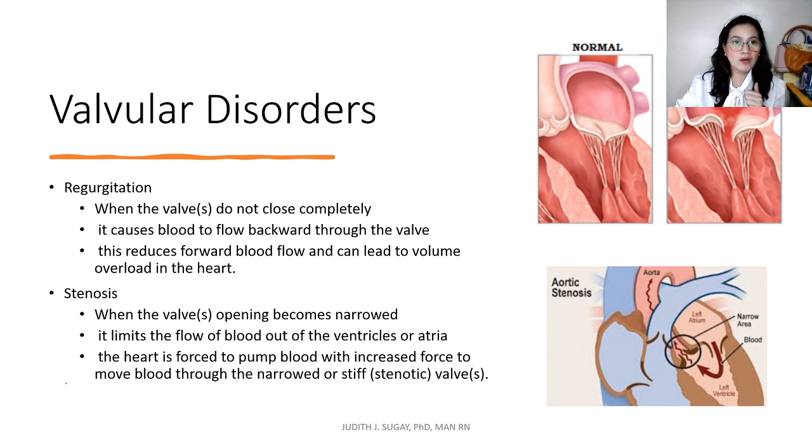This will cause blood to flow backward, just like what you can see here. This reduces the forward blood flow and can lead to volume overload in the heart. That refers to regurgitation.